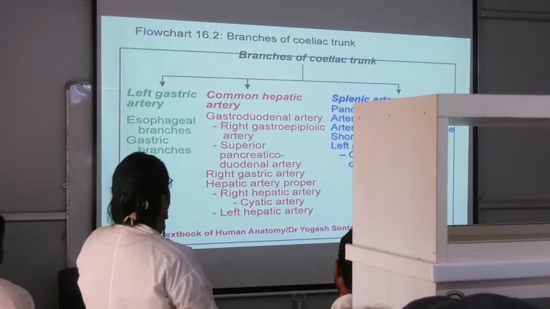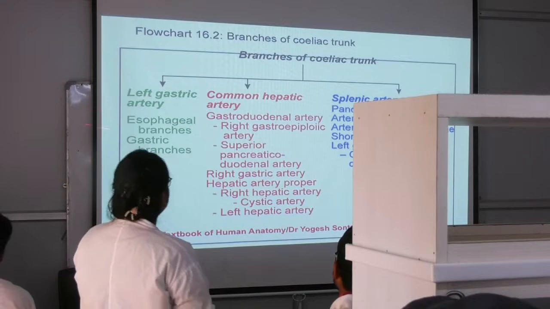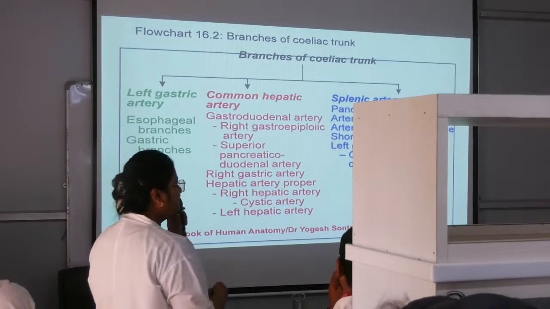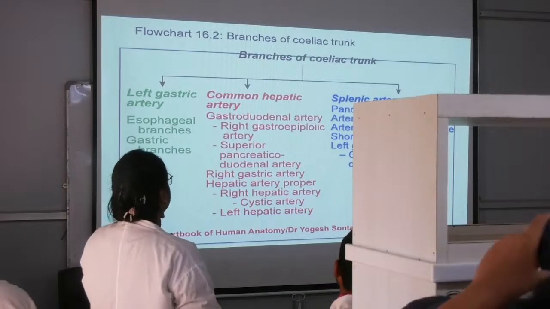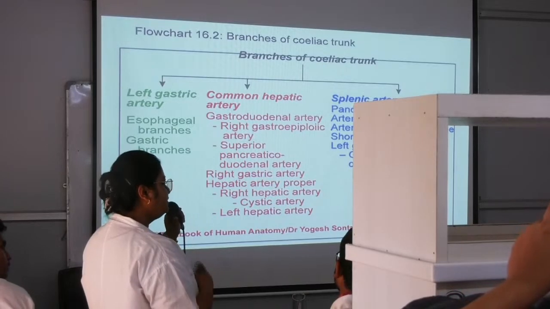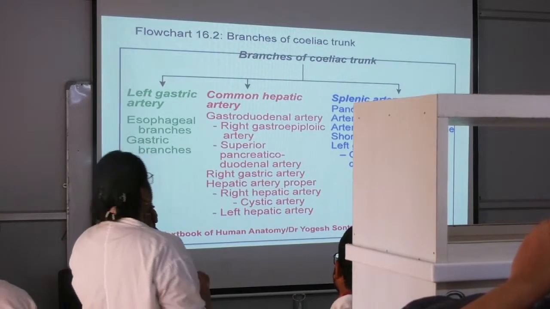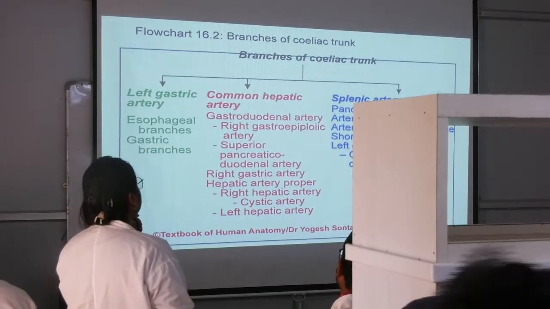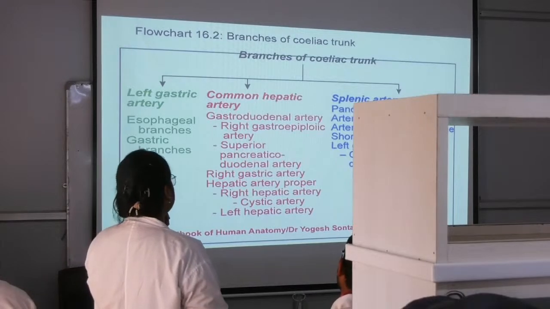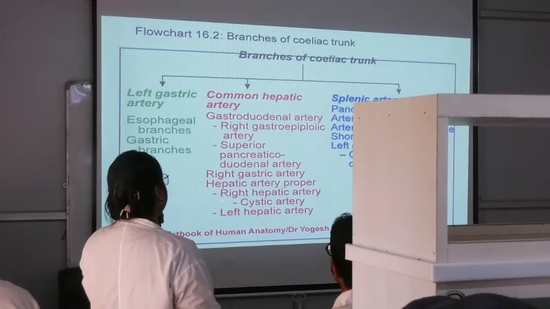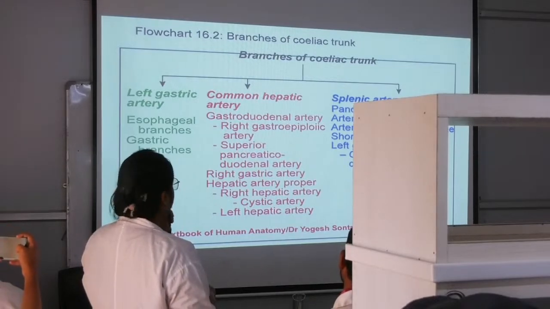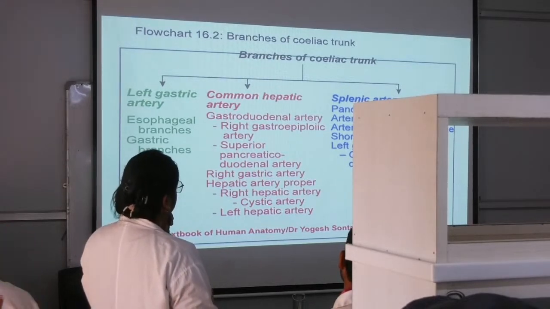So these are the branches. Gastric artery giving esophageal branches and gastric branches. You remember the previous picture, okay? Common hepatic artery, you practice those previous pictures. That is one schematic diagram, okay? So the common hepatic artery gives the gastroduodenal artery, dividing into right gastroepiploic, superior pancreaticoduodenal, right gastric artery and hepatic artery proper. Hepatic artery proper again divides into right and left hepatic artery, right hepatic giving cystic artery.